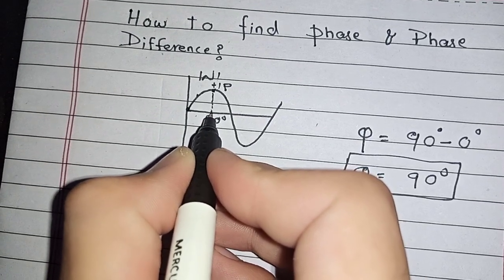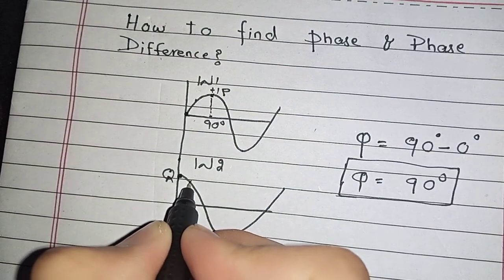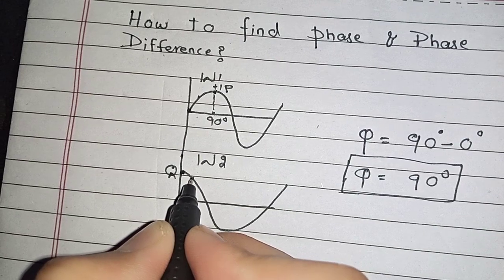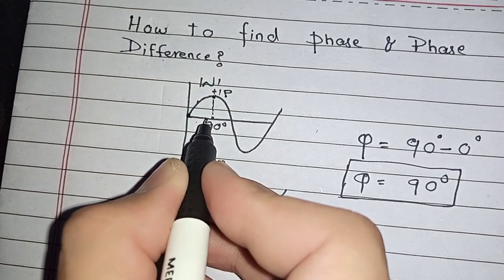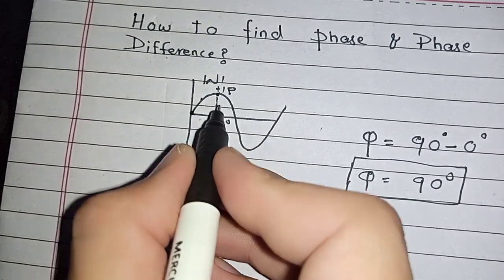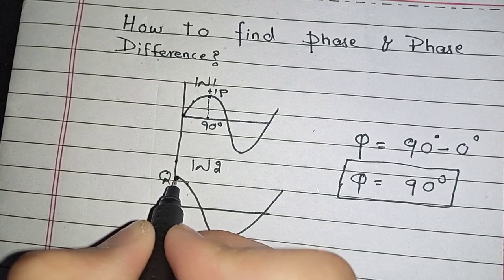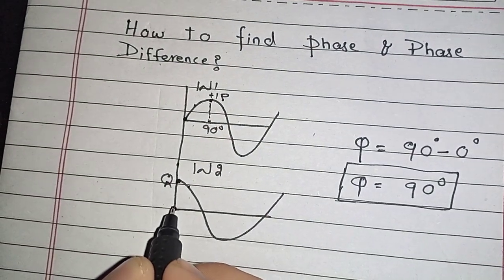Here we say that the sine lags cos by 90, or we can also say the cos leads sine by 90. These are basically the same statement, but the only difference is that the sine wave is lagging and the cos wave is leading the sine wave. So this is the basic difference between these two types of waves.